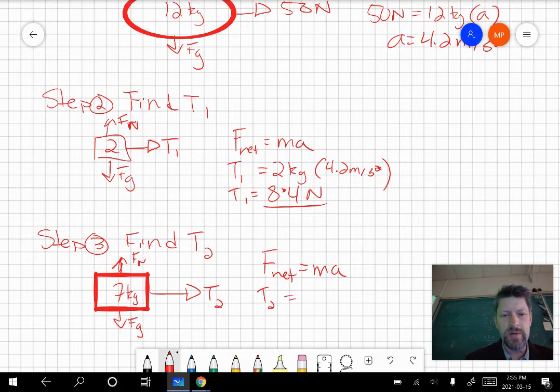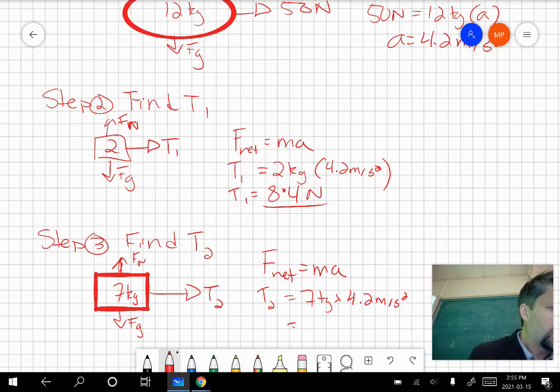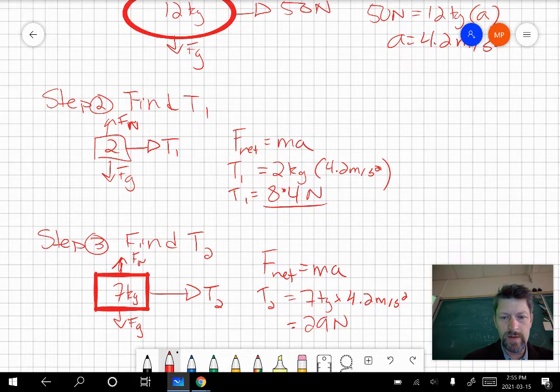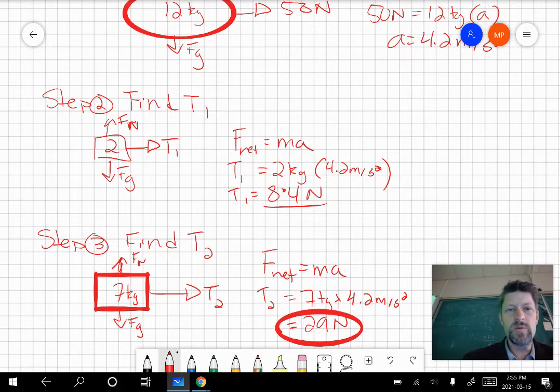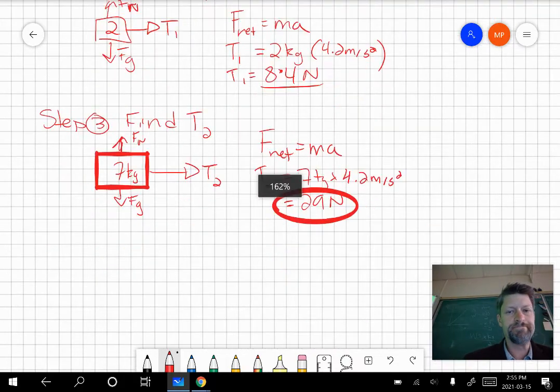And we're going to equate that to 7 kilograms times 4.2 meters per second squared. And then I can't do that one in my head, not right now. And I got 29 newtons of force of tension on that. That one's done. And that's how you do it with no friction.